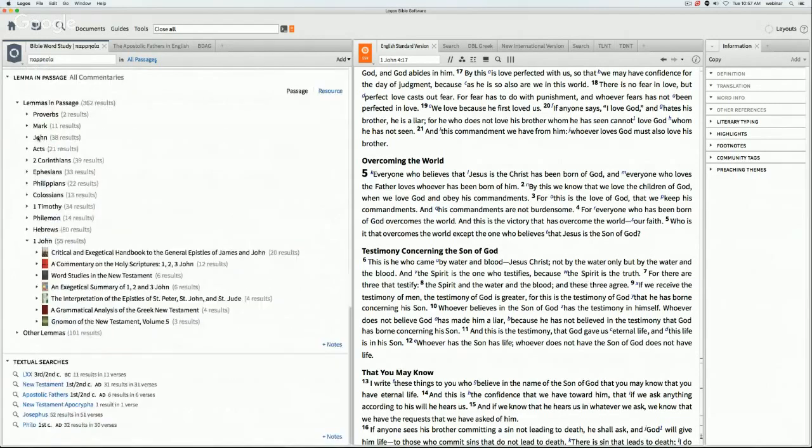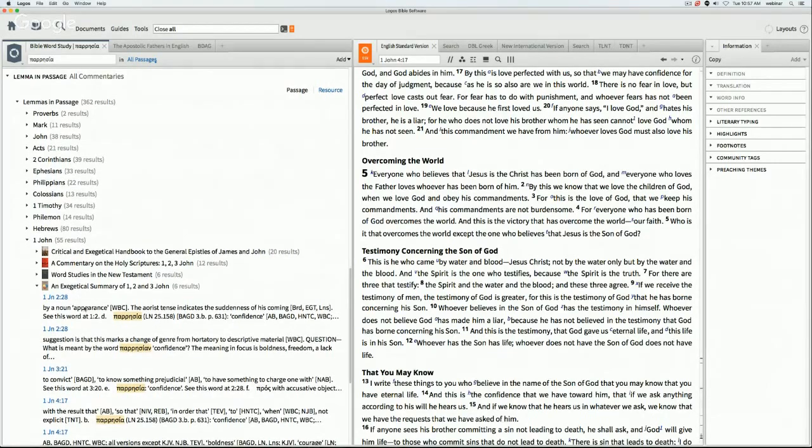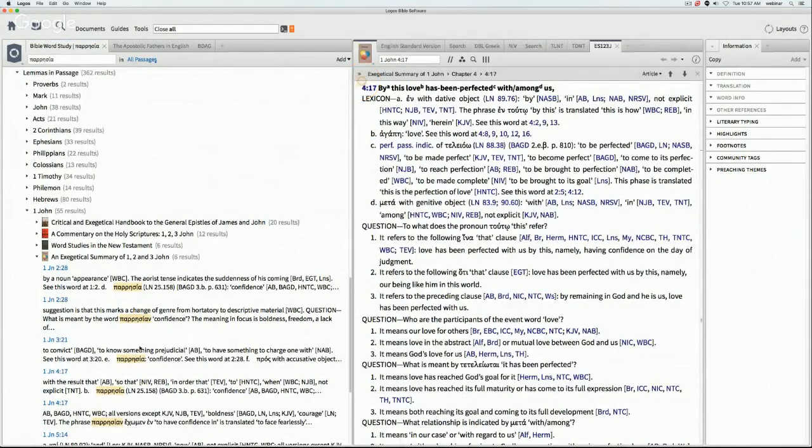There's one last one here that I want to point out, and that is the Exegetical Summary. This is a fantastic resource for those of you who have it. This is one of our featured products today.